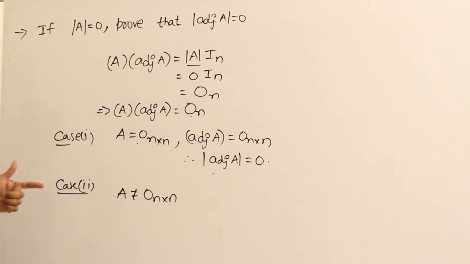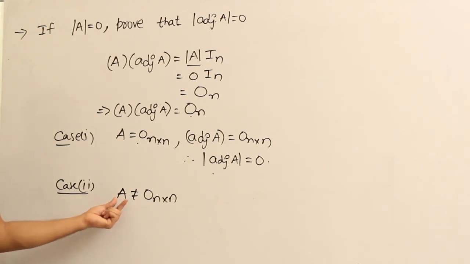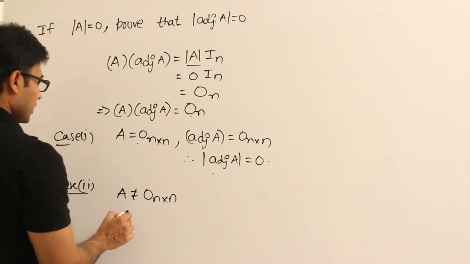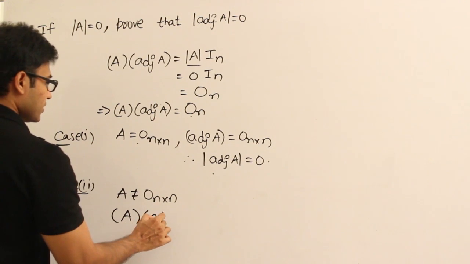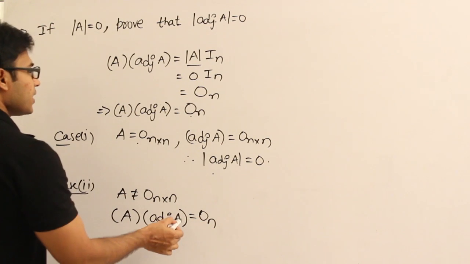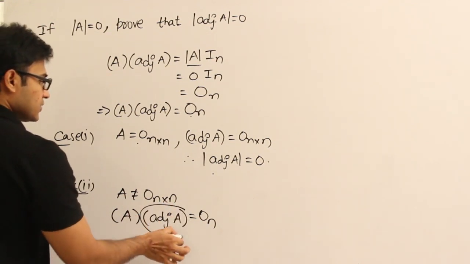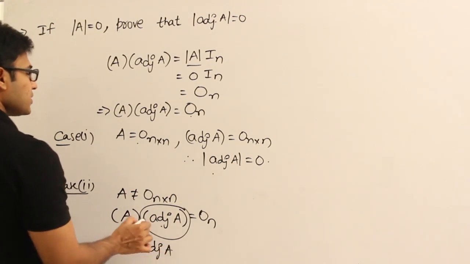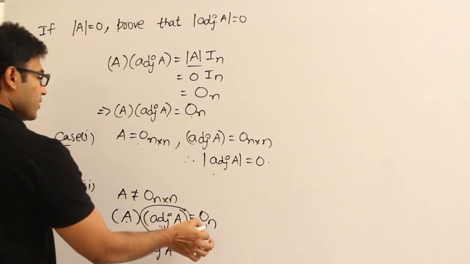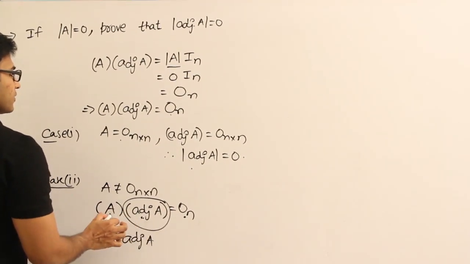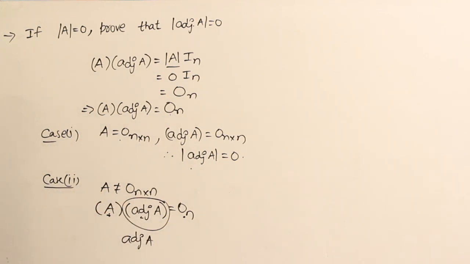Then in the earlier proof we have shown that if the product of two matrices is a null matrix, then both of them are supposed to be singular matrices if they are non-null.